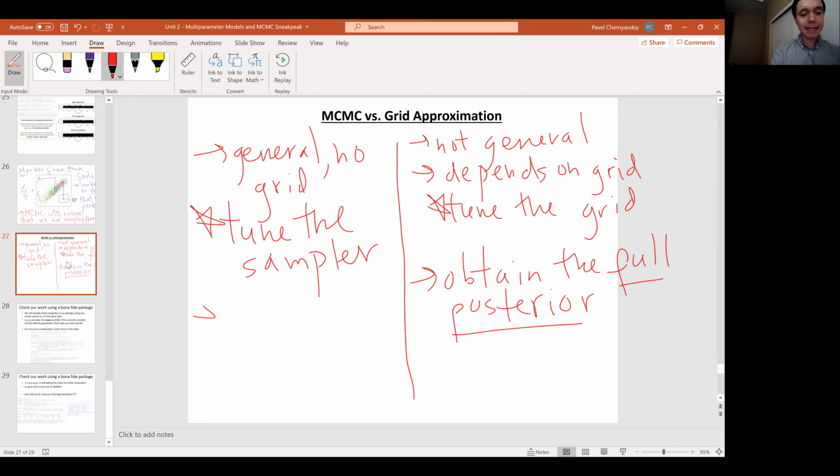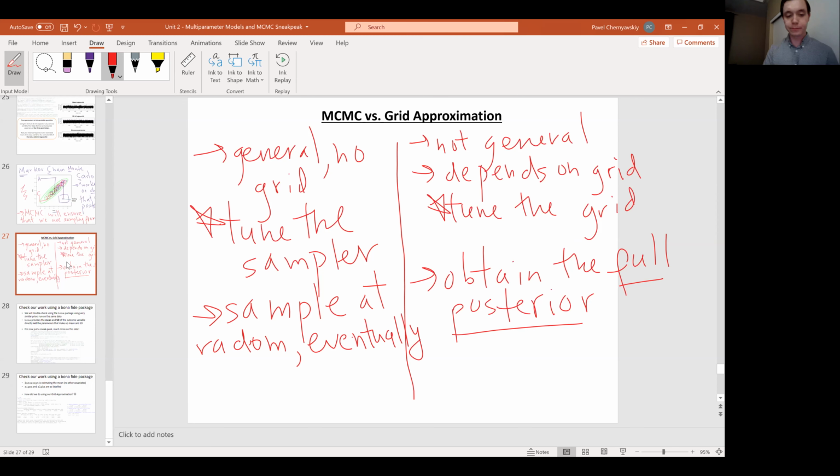With MCMC, we sample at random and then eventually converge, there's the key word, to a stationary distribution.